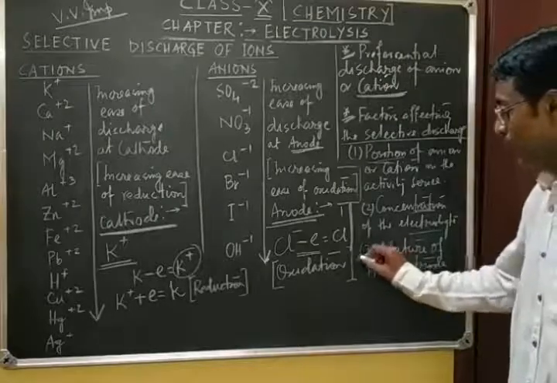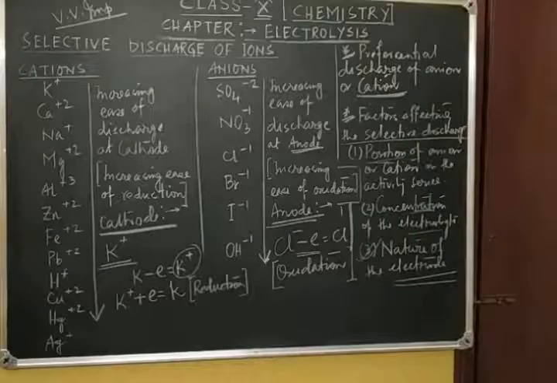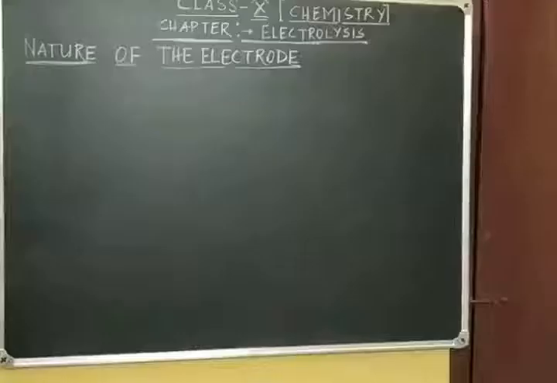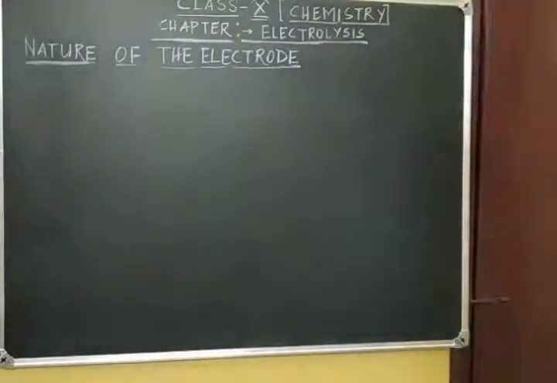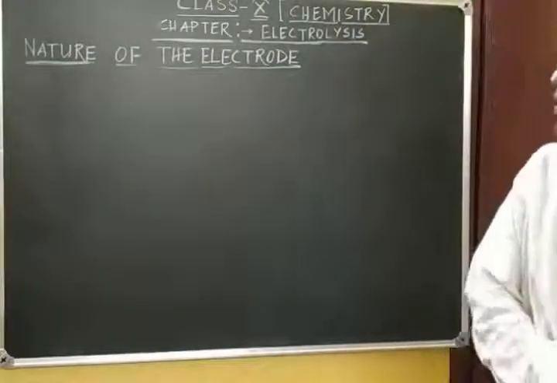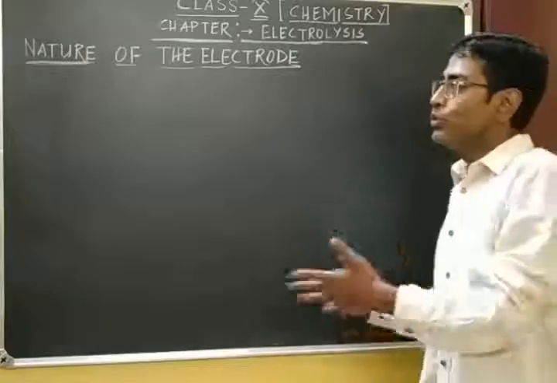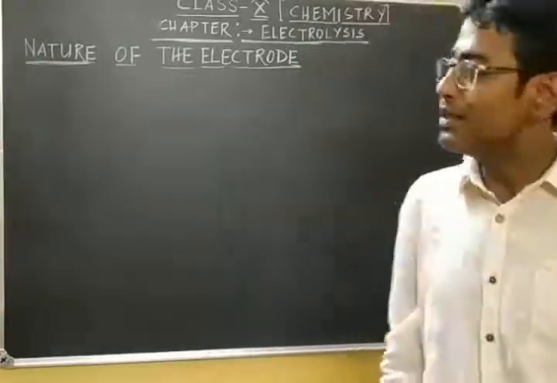This point we will elaborate a little in the next video. Remember, this is not so important in view of your ICSE, but I am doing it for you, and you should know a little about this.